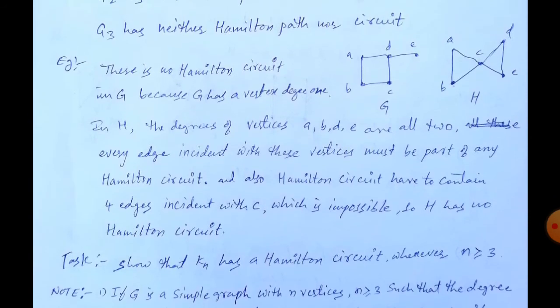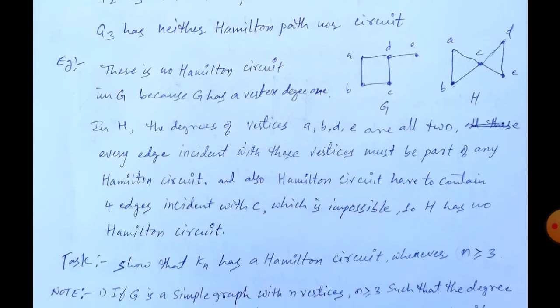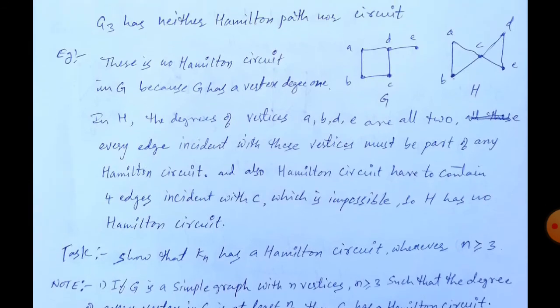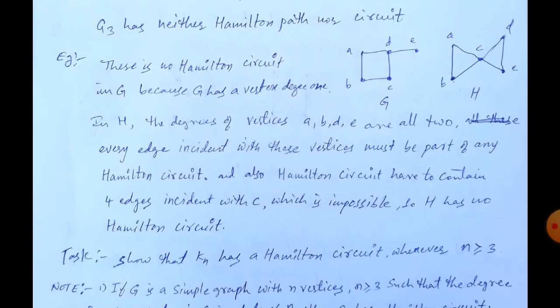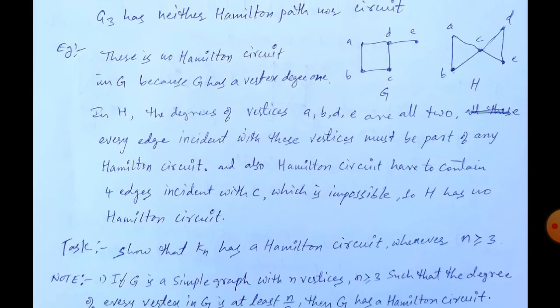That is the rule, because if any vertex has degree 2 we have to include all those edges in the Hamiltonian circuit. So if you include like this, how many edges will you get now? For 4 vertices, 8 edges will come. So 8 edges you have to include.